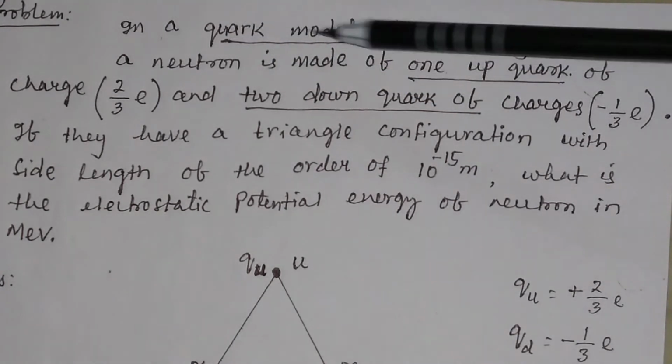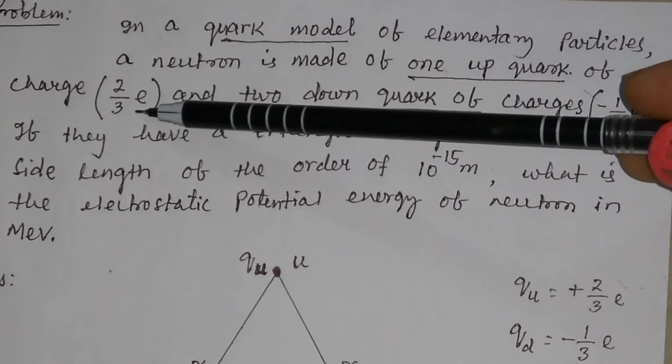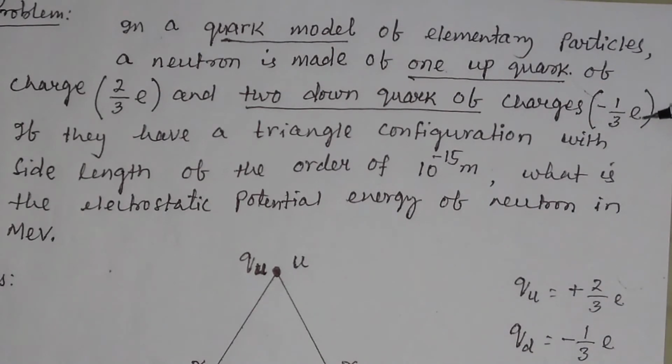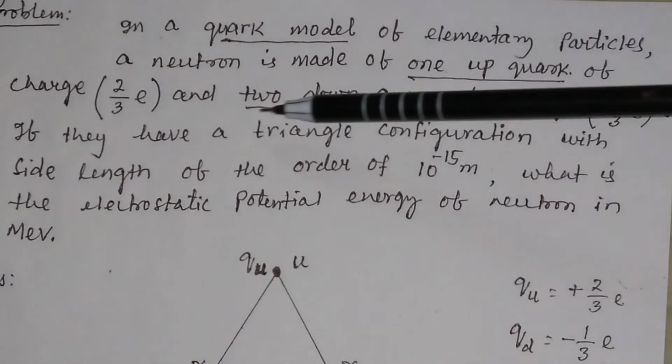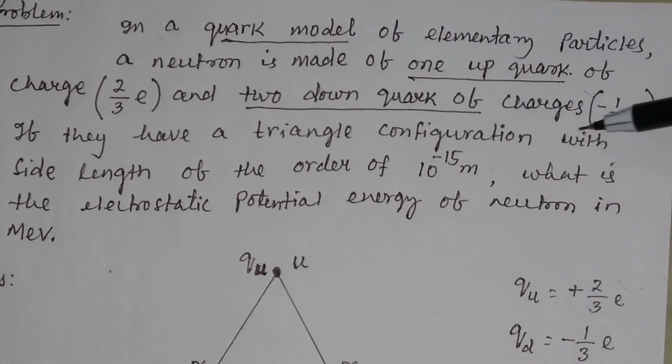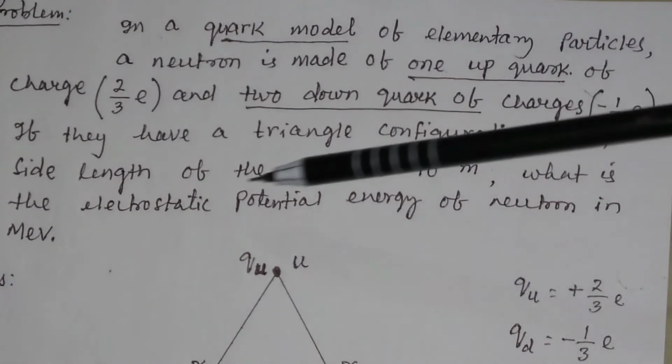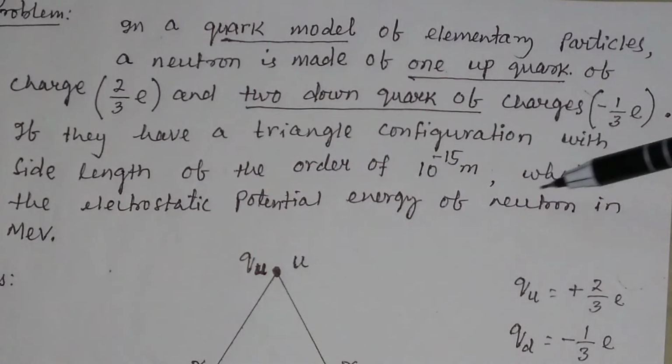If they have a triangle configuration with side length of the order of 10 to the minus 15 meter, what is the electrostatic potential energy of the neutron in MeV, or mega electron volt?